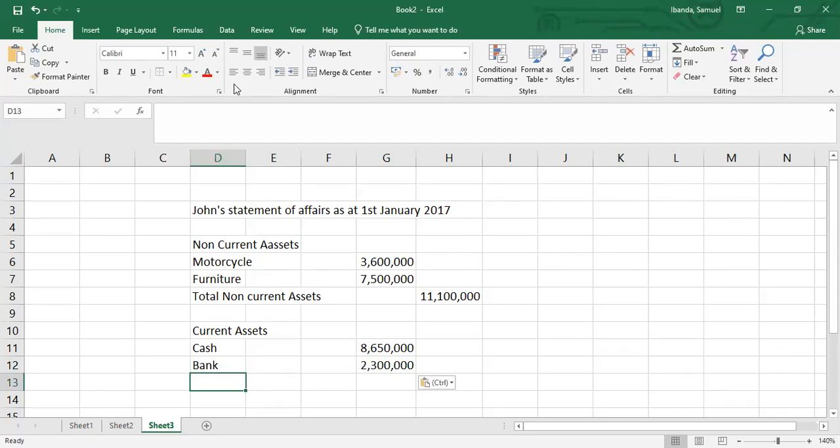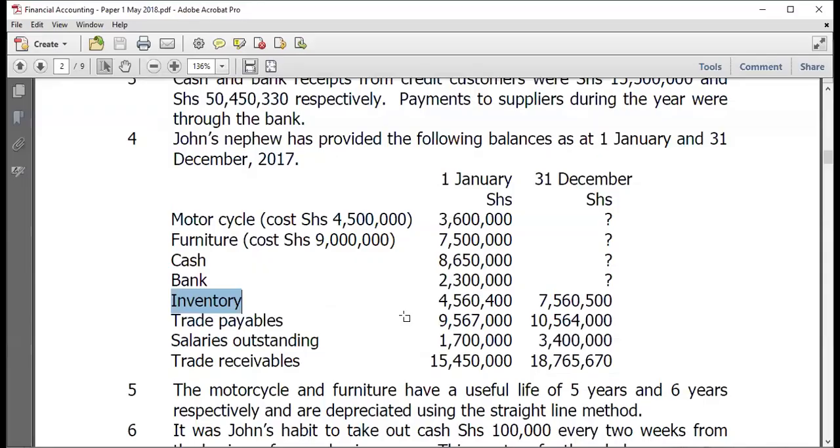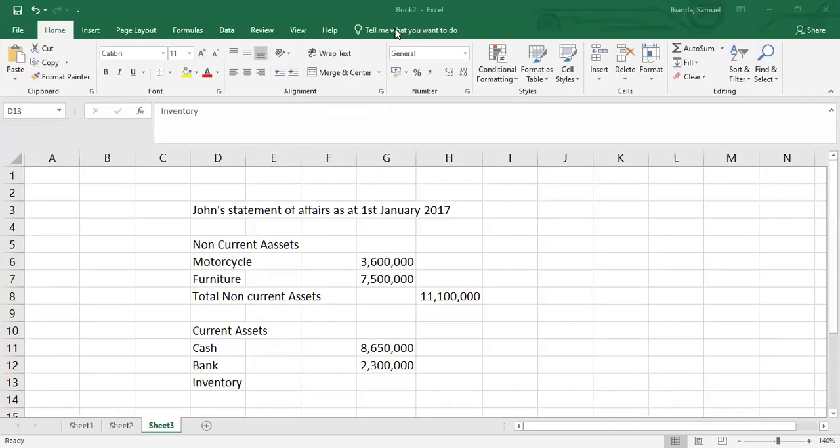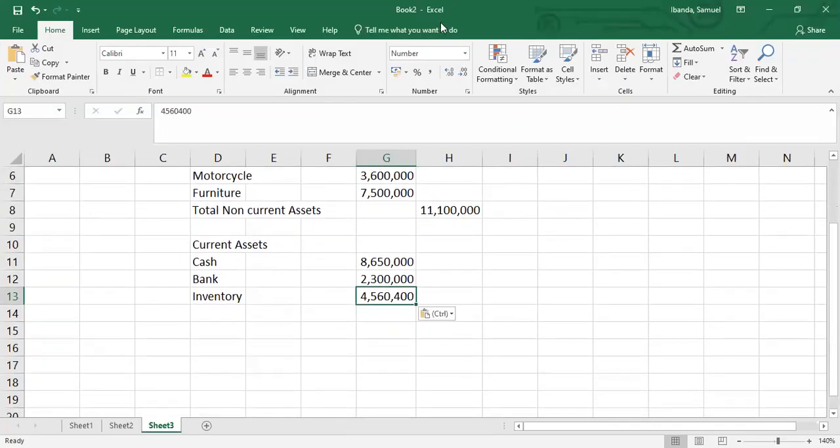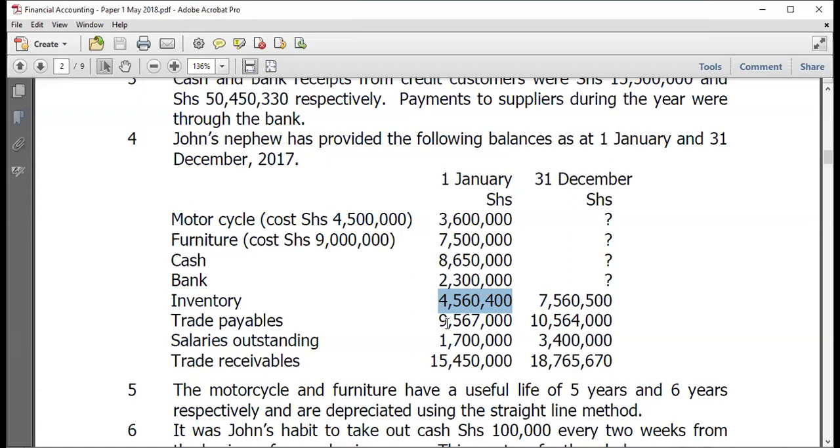The other current asset we have is inventory. This is 4 million. And then trade payables, those are liabilities.